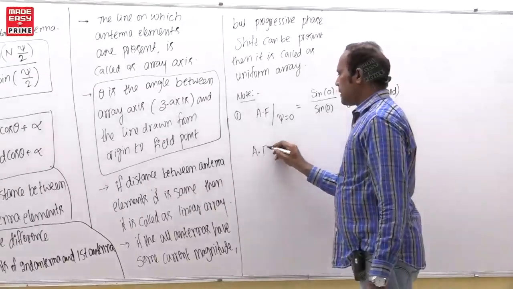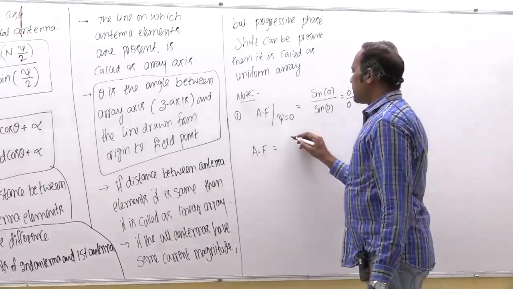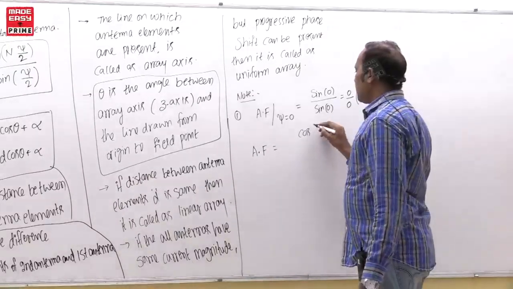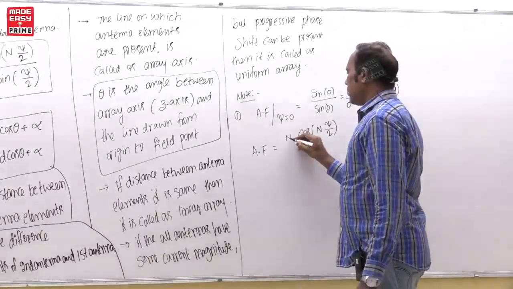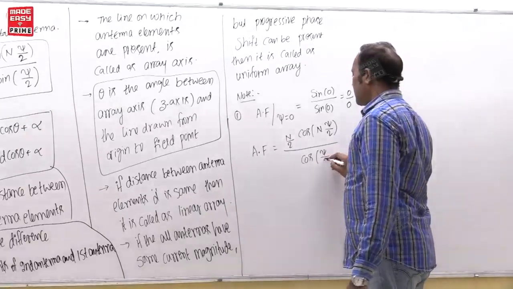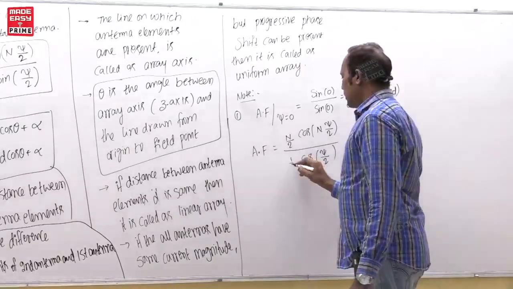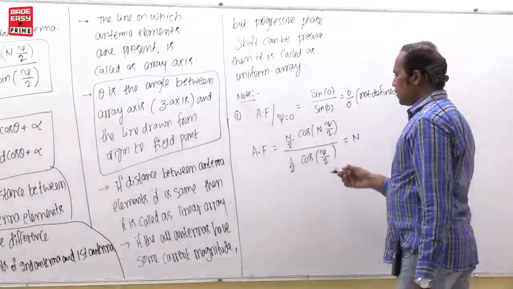Now array factor is equal to, you differentiate numerator, that becomes cos n into psi by 2, then n by 2 you get, divided by once again cos psi by 2, once again you get 1 by 2. That means you get n of this one.